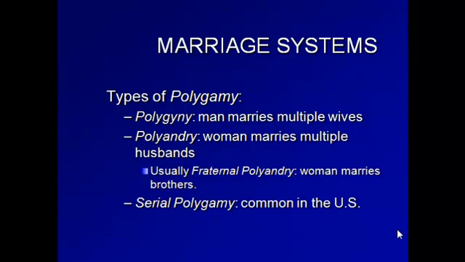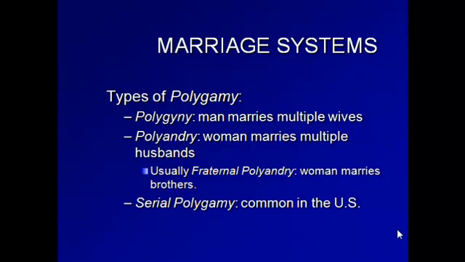Another form of marriage, specifically another form of polygamy, is known as polyandry, in which a woman marries multiple husbands. And usually when a woman marries multiple husbands, it's brothers that she's marrying. And this is a very, very rare form of marriage around the world. But it's usually found in cultures that have a lot of land pressure.